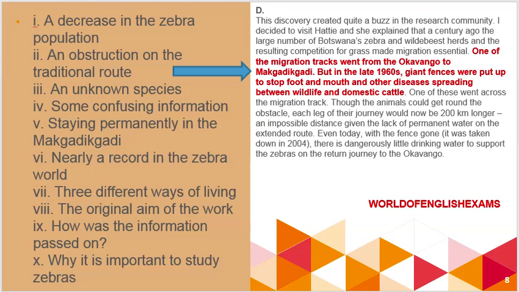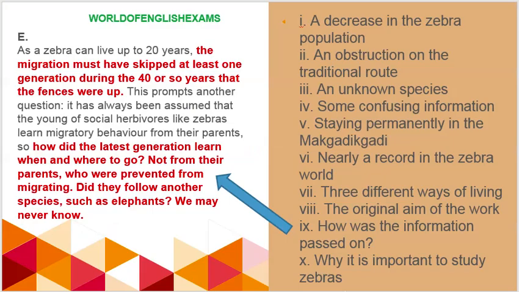So once we have finalized on the title, guys, we need not read the entire paragraph unless you are not sure of it. But this one is a clear-cut indication about the route. Now let's continue reading the next passage. Okay, as the zebra can live up to 20 years, that's the lifespan of a zebra, the migration must have skipped at least one generation during the 40 or so years that the fences were up.